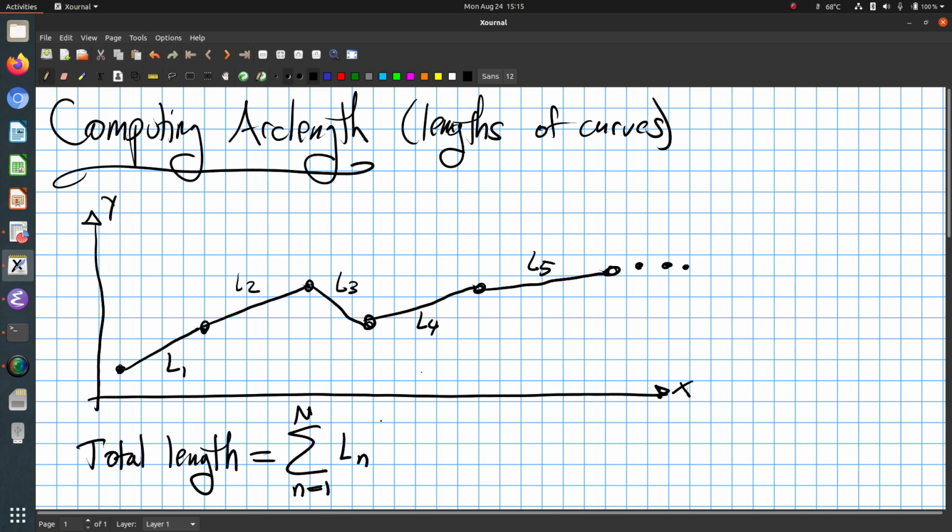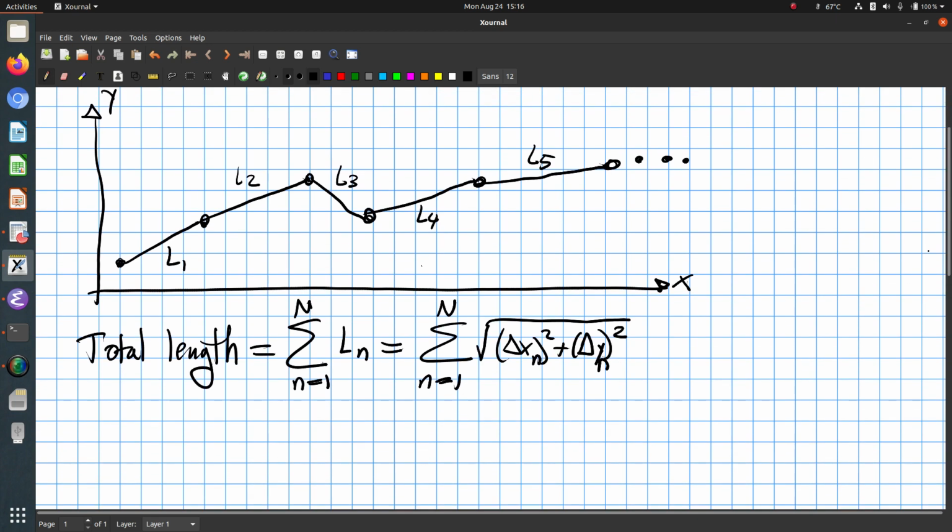And how do you find the length of one of these line segments? Well, it's just the Pythagorean theorem. The square root of the quantity change in x squared plus change in y squared. And perhaps I should tag these with n's so that you know they can change. The change in x and the change in y can be different. Now, if all the changes in x are the same, I can rewrite this equation a little bit.